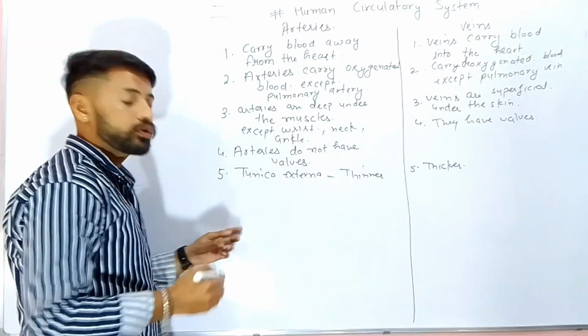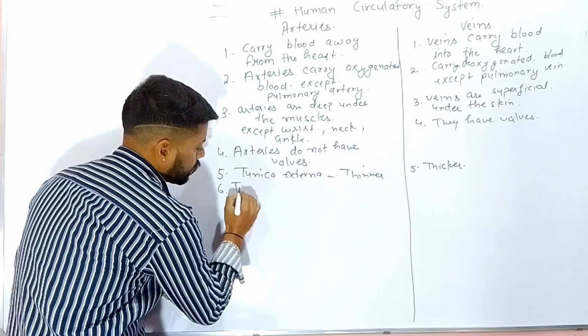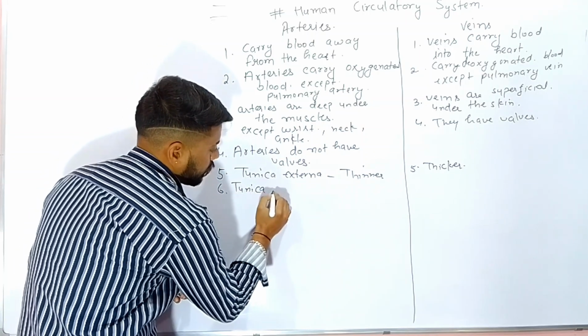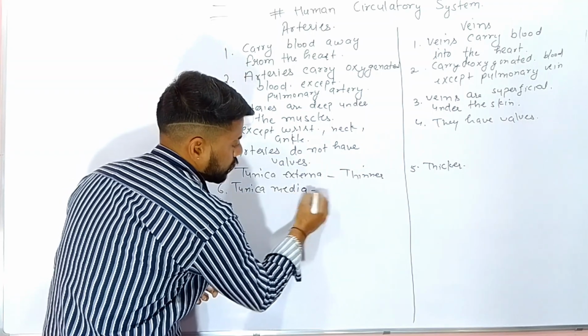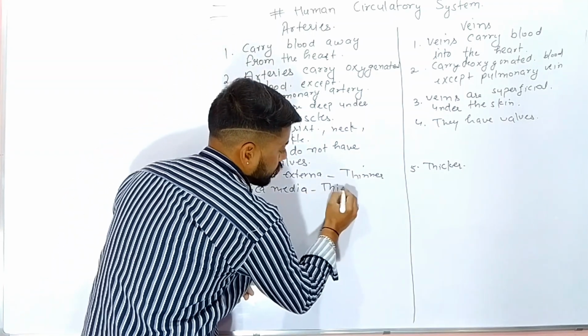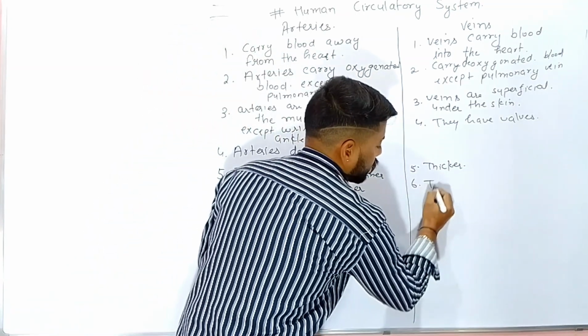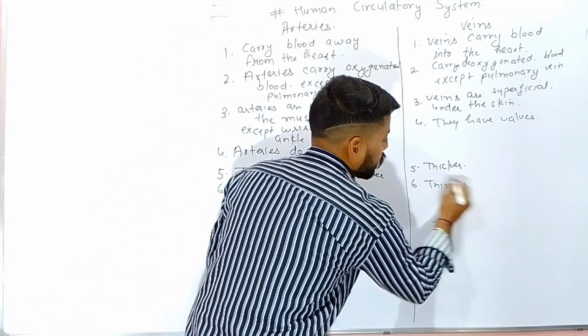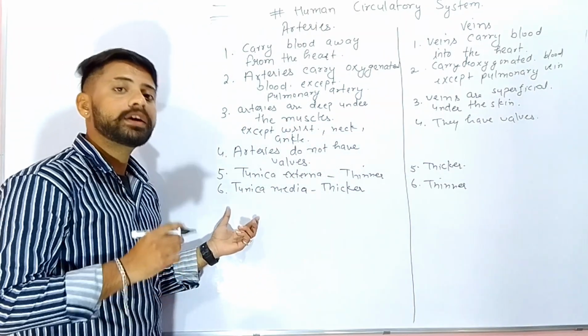Next to it is the tunica media, the middle layer, and it is thicker in the artery whereas thinner in the vein. Next to it, the innermost layer is the tunica interna.